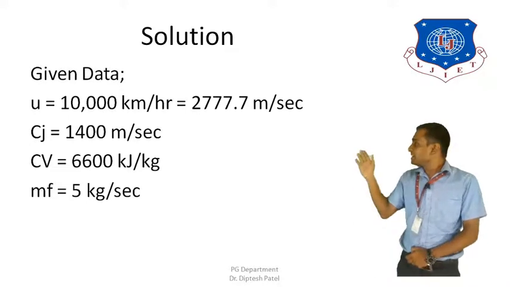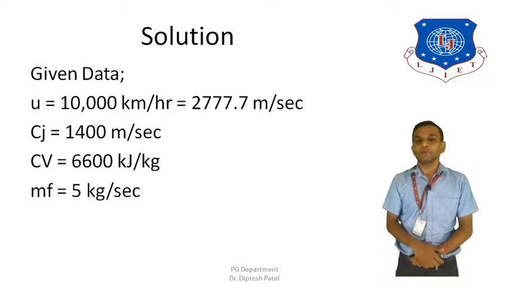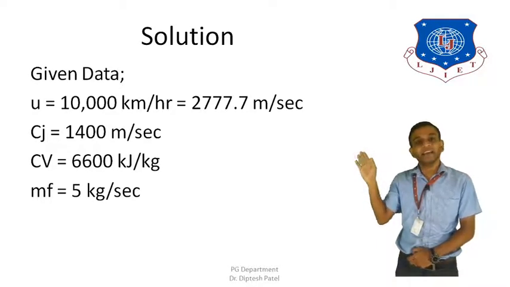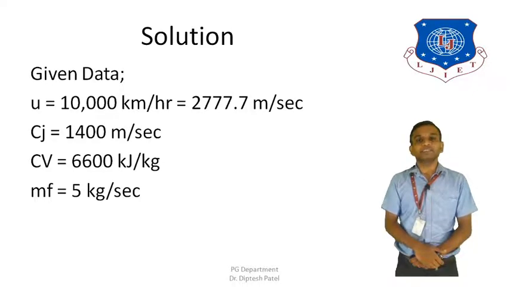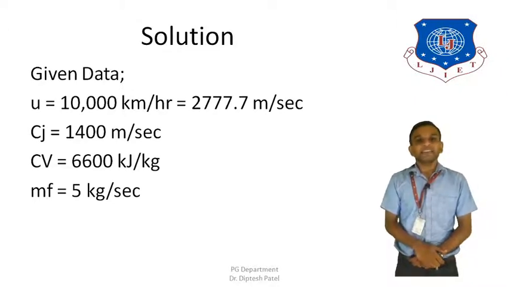Now these are the given data. U, that is 10,000 kilometer per hour. We are going to convert that into meter per second because the velocity of gases is given in meter per second, and that would become 2777.7 meter per second. Then Cj, the velocity of gases, is 1400 meter per second.